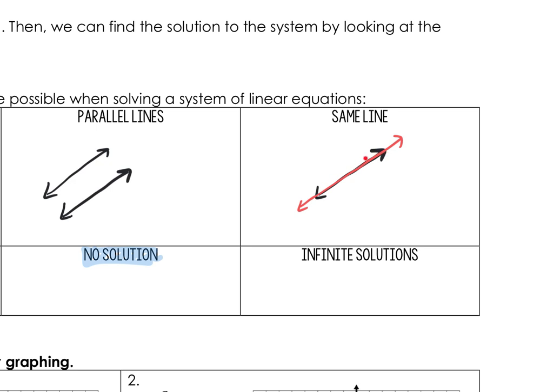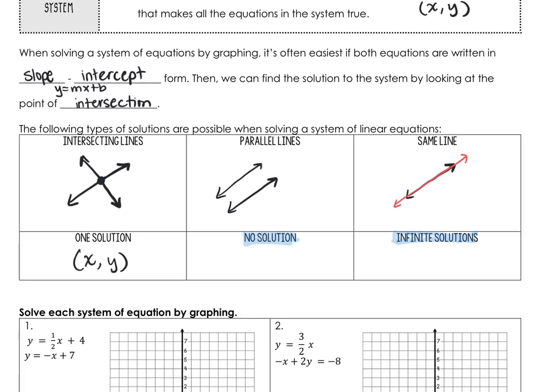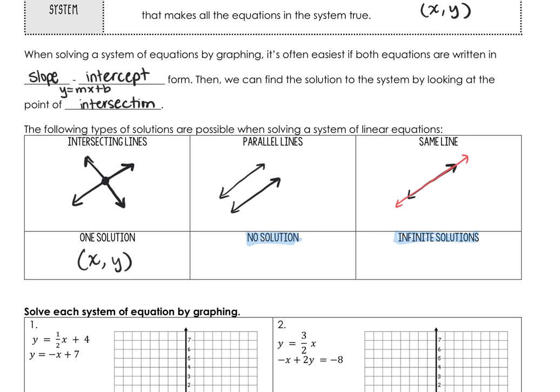They don't just share one point, they share an infinite number of points. So this would be an example of infinite solutions. So we are looking for where our lines cross, but they won't always do that. If they are parallel, the solution is no solution. If we graph them and they're the exact same line, then the solution is infinite solutions, because we're not going to sit here and list every single point, right? We're just going to say infinite.